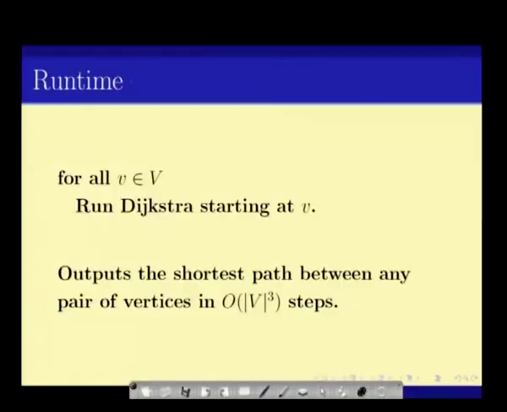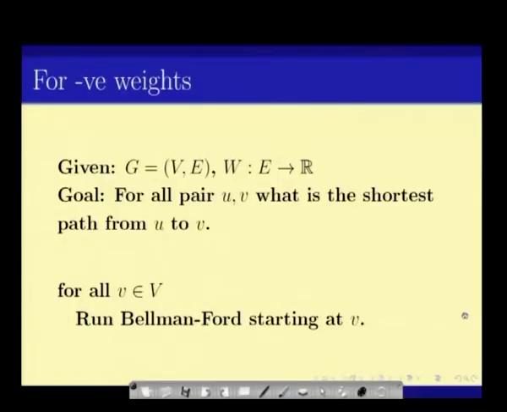So, the total number of steps required for solving all pairs shortest path using Dijkstra will be V cube. That is not such a bad algorithm. In order V cube, you get all the possible distances between any pairs of vertices. But again the same catch exists: this works only for positive weights.